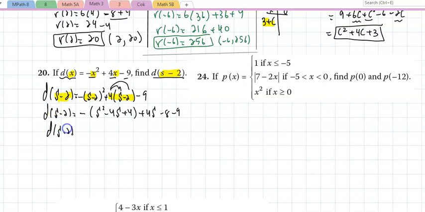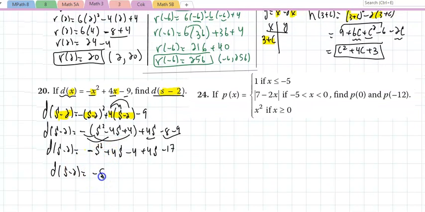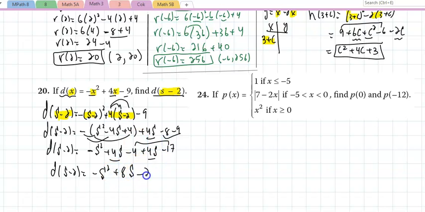D of s minus 2 is going to equal negative s squared plus 4s minus 4 plus 4s minus 17, and d of s minus 2 is going to equal negative s squared plus 8s minus 21.